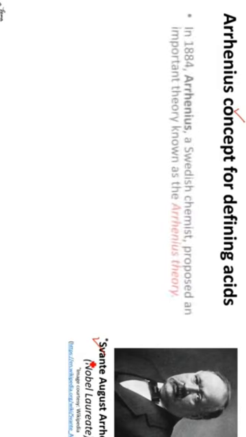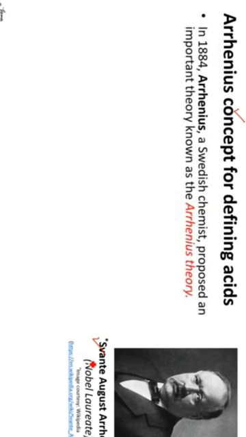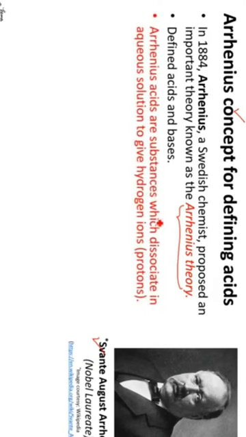Many chemists have studied acids and bases. One of the scientists, called Arrhenius, studied acids and bases. So that is called the Arrhenius concept for defining acids. In his own way, he defined acids and bases. According to him, the substances which dissociate in aqueous solution.